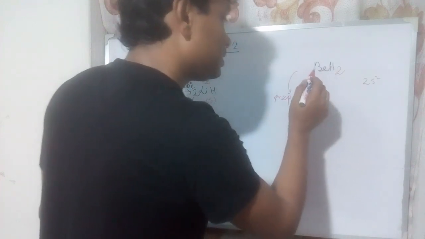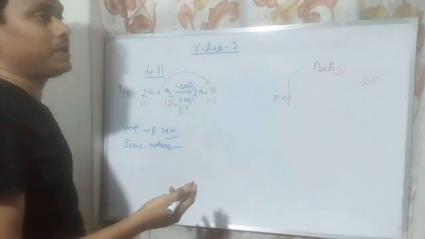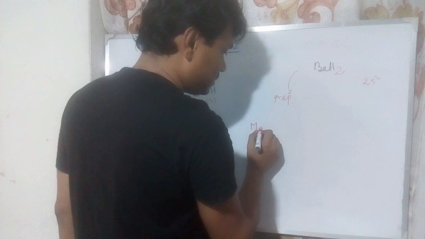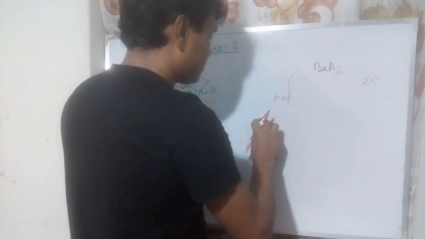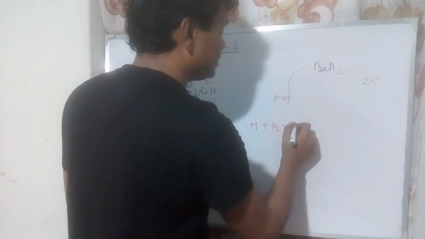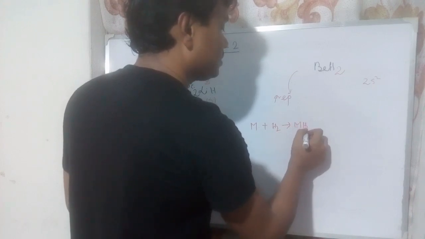Okay, let's come to the preparation of this material. This material could not be prepared like other alkaline earth metal hydrides by reacting the metal plus hydrogen to form the dihydride.